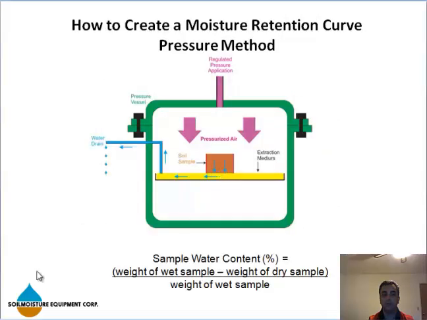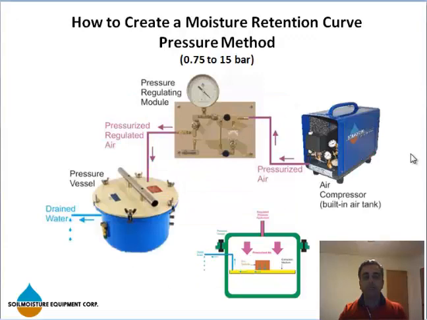What I just explained to you is actually a pressure method. So in a pressure method, you have 3 major components. One is a pressure source, the other one is a pressure regulating system, and the last part is a pressure extractor.